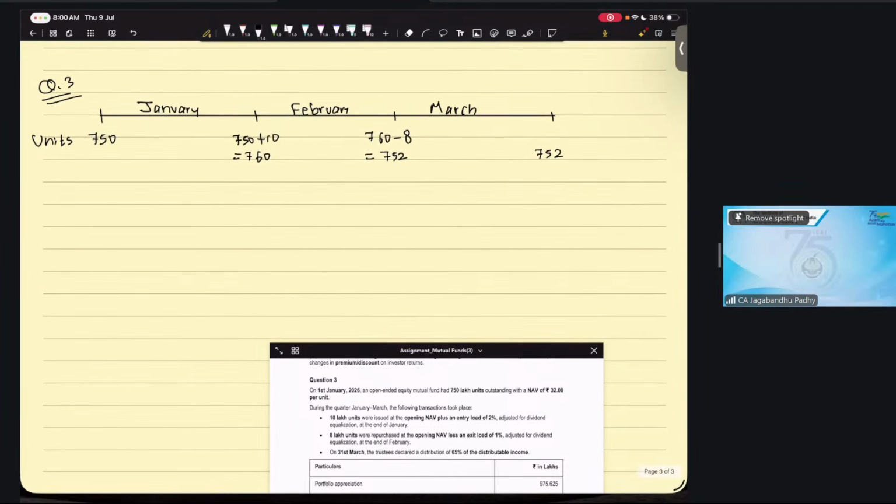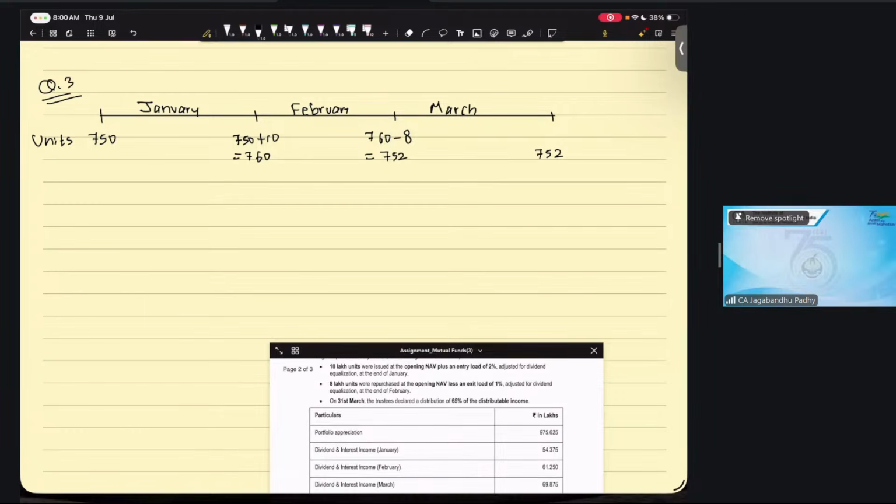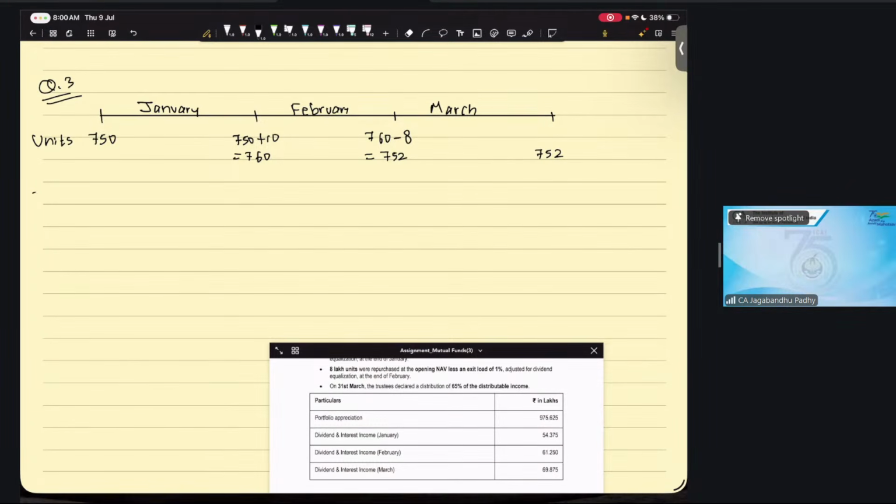Now, whatever income is being generated in the month of January, the income generated in January is 54.375. Then you have this as 61.25, and in March it is 69.875.